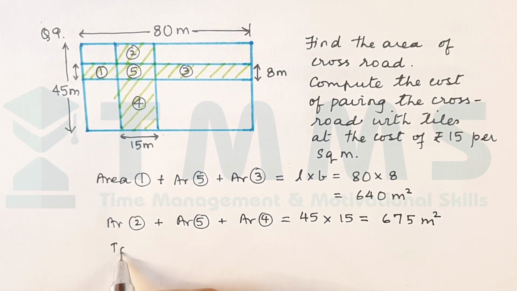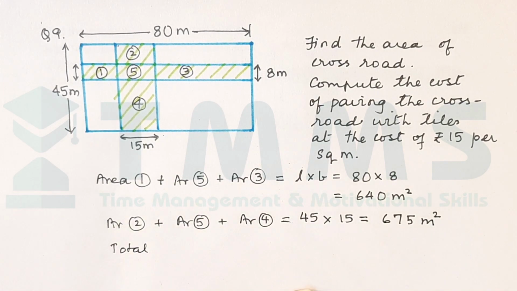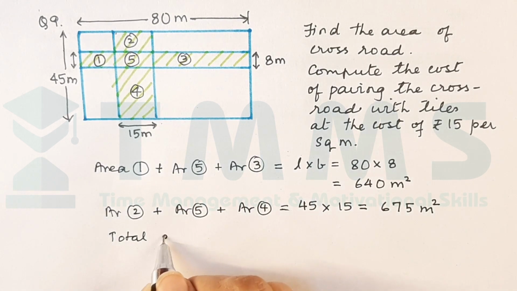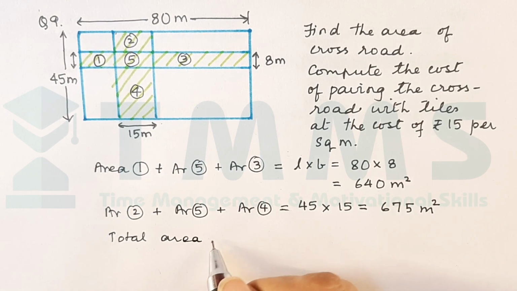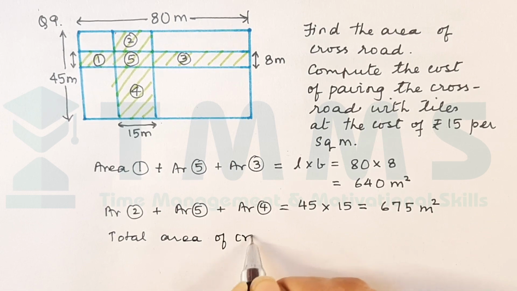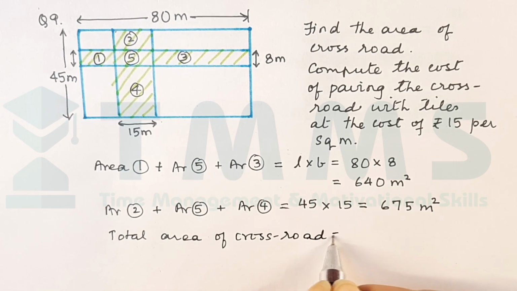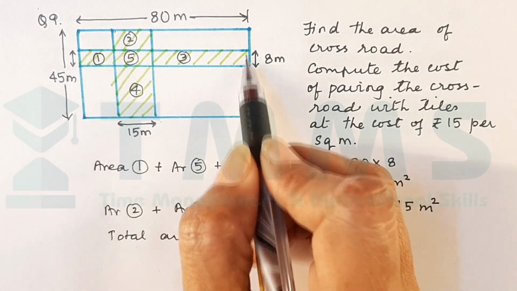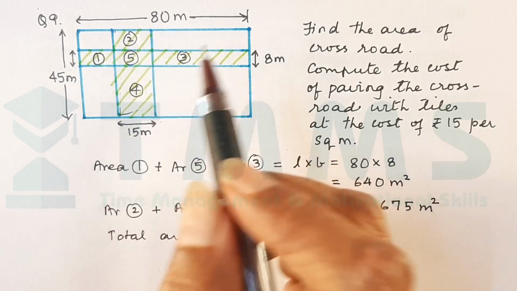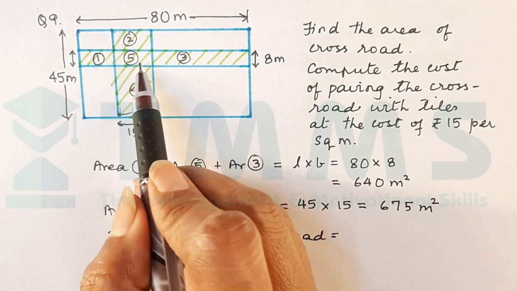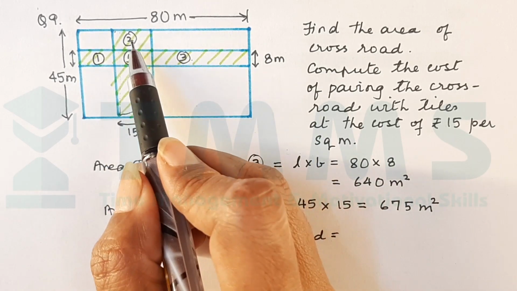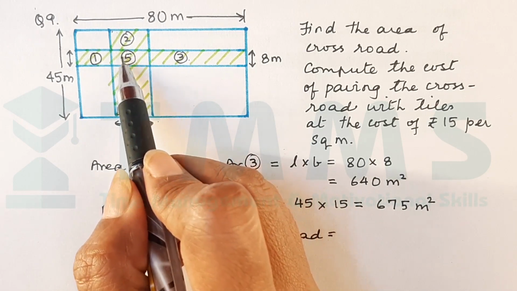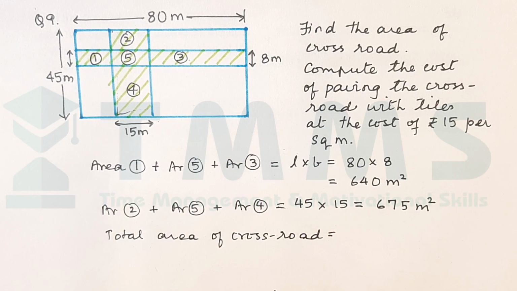The total area of the crossroad, how much will it be? It will be this plus this, but when I add 1 plus 5 plus 3 plus 2 plus 5 plus 4, can you see that 5 is repeated?